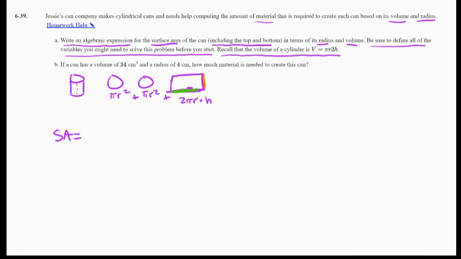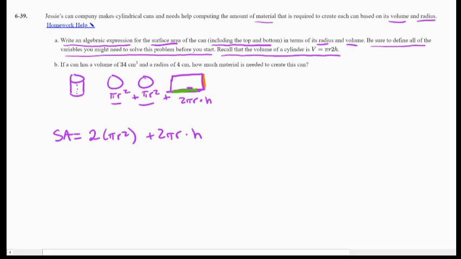the other side. So now that's my expression here, but I'm going to combine some things because I have pi r squared plus pi r squared, which is 2 pi r squared plus 2 pi r times h.